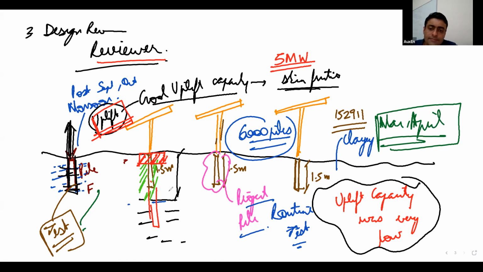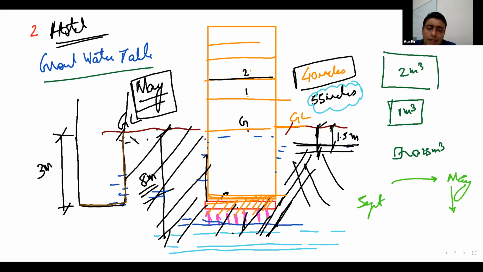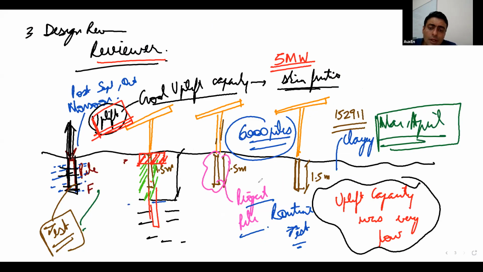Are we clear? So in the second case, moisture was a villain for us. In this third case, moisture was actually a good thing for us, isn't it? Anyway, is this third case clear? Yes or no?